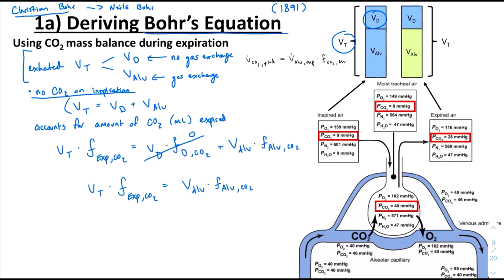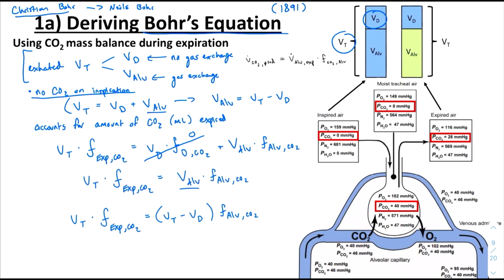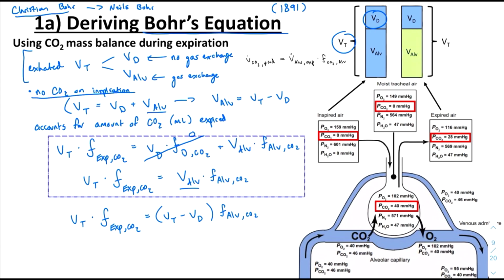But keep in mind that the alveolar volume here is the same as this alveolar volume here, which means that we can say that the alveolar volume is equal to the tidal volume minus the volume in the dead space. And then we can substitute that in for this equation. So now we are left with this equation here, and I'm going to clear out some of this other stuff and make some more room.